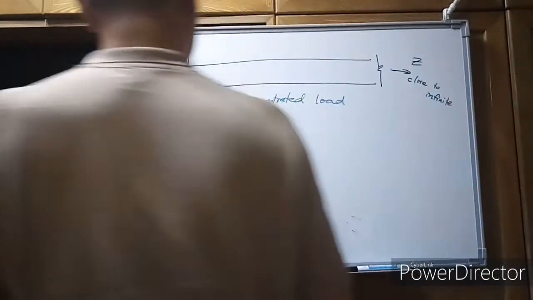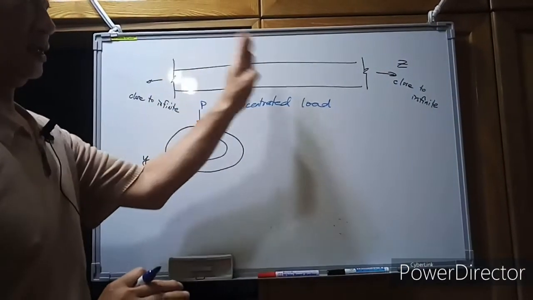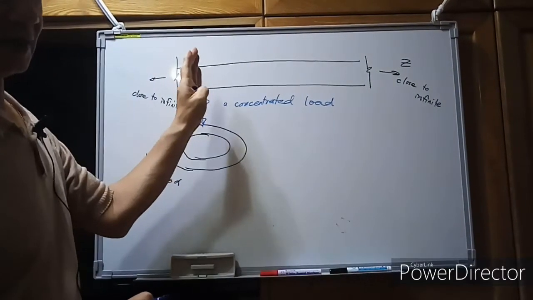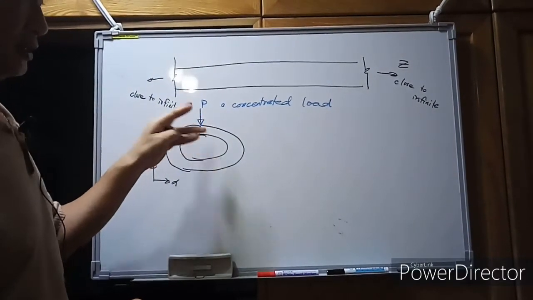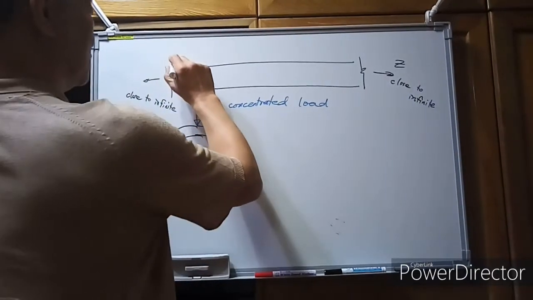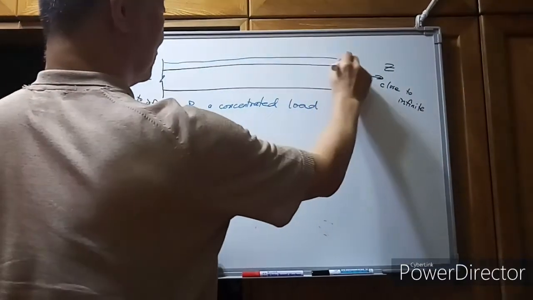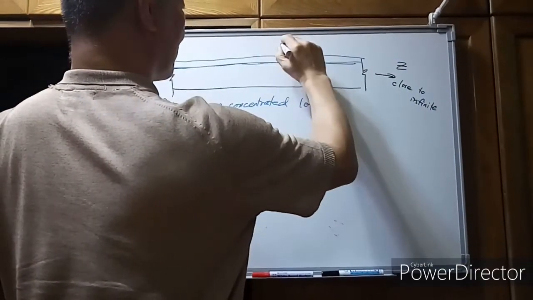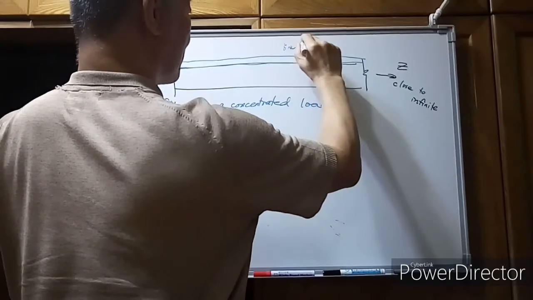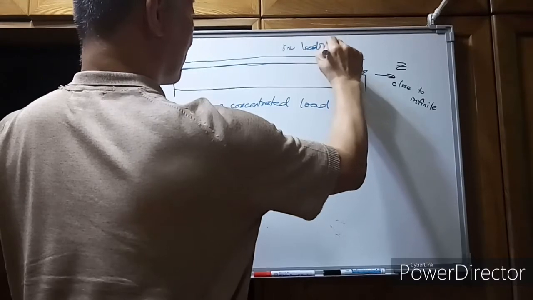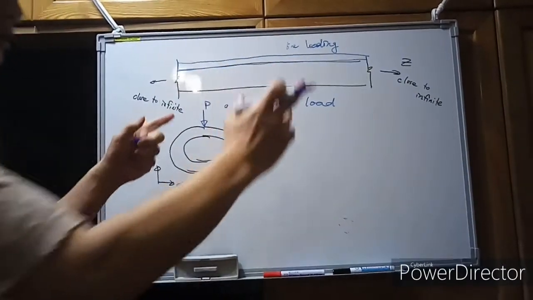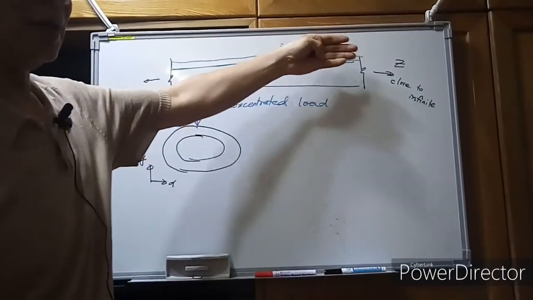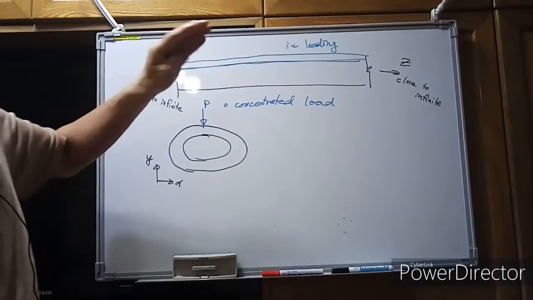Remember the basic assumptions: no matter where we cut, the loadings are exactly the same. So a concentrated load at the cross section will be an infinitely long line loading, applied along the tip of the tunnel.